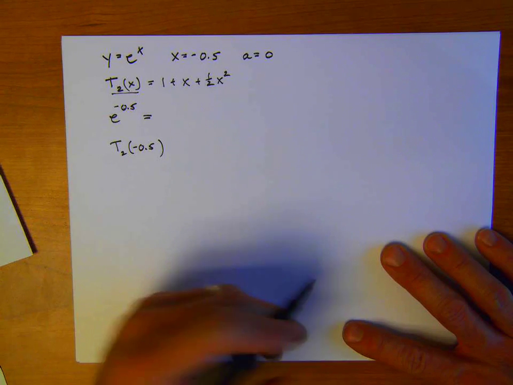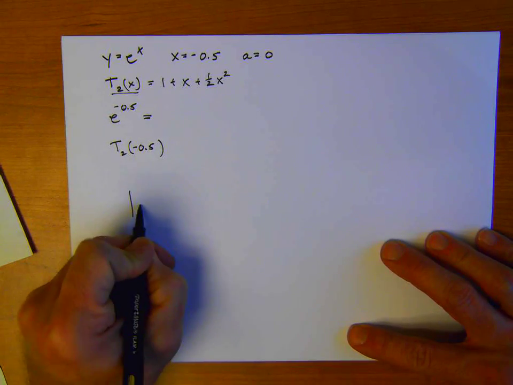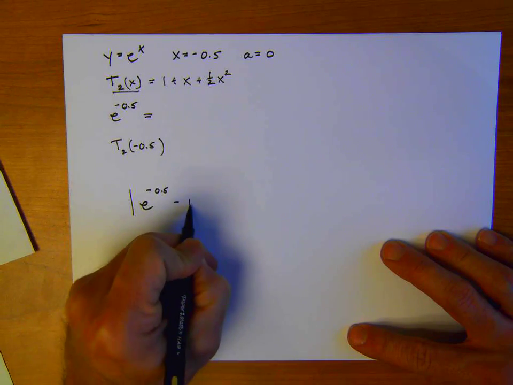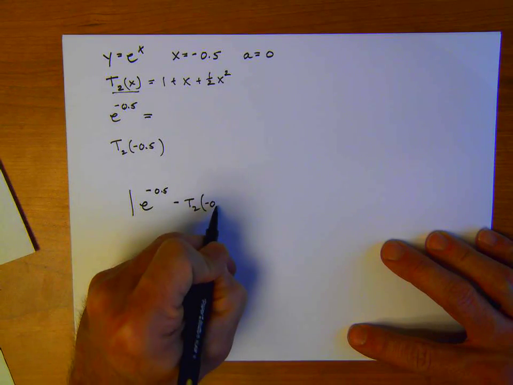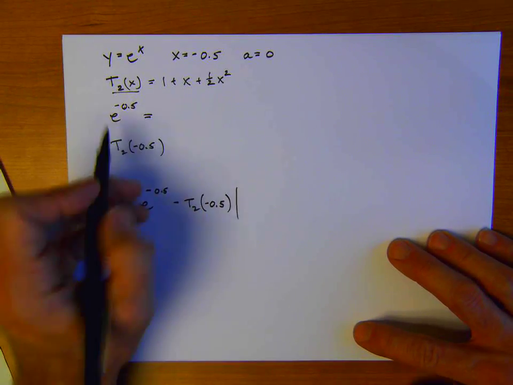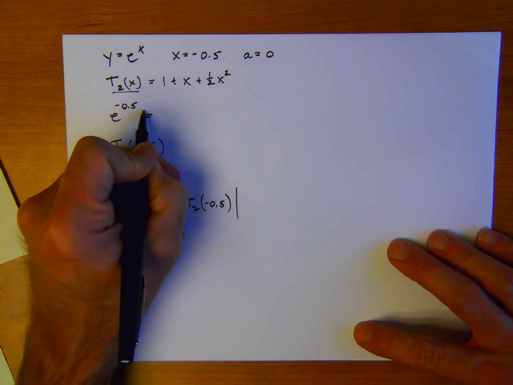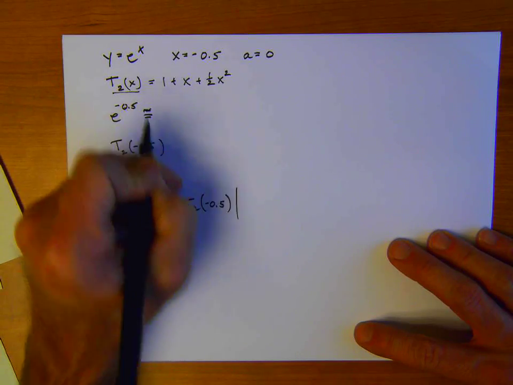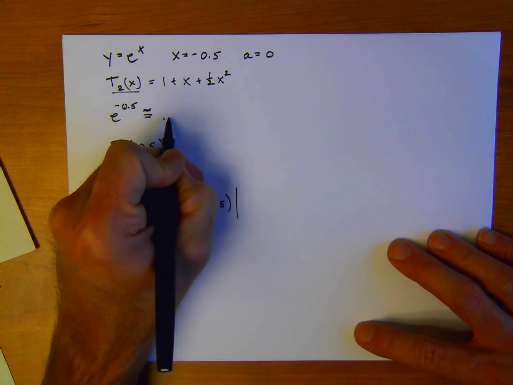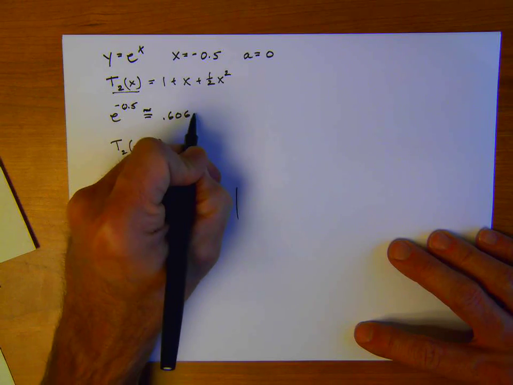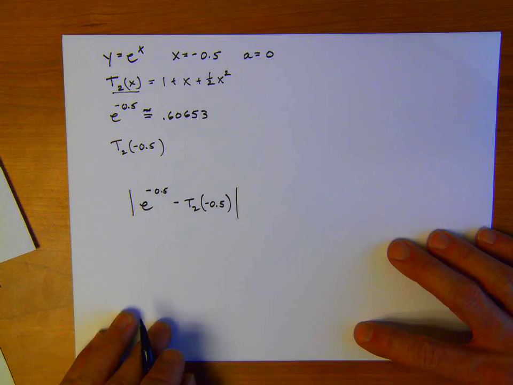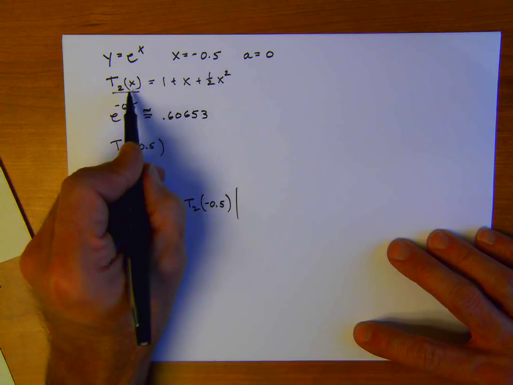Ultimately we're going to look at the difference in absolute value. So first, we can just plug this into our calculator. I did have to round because I didn't want to write forever, but I get 0.60653.